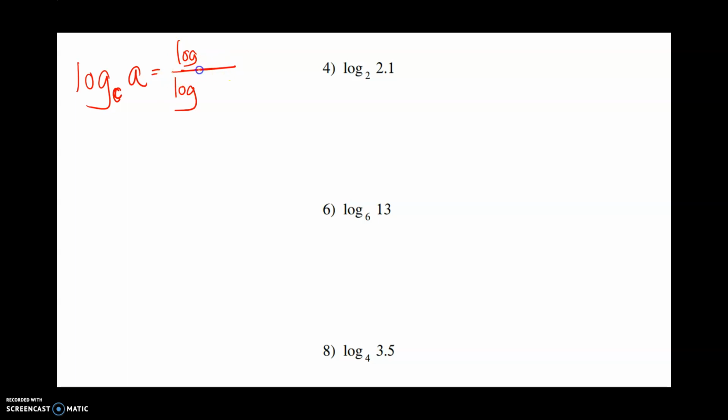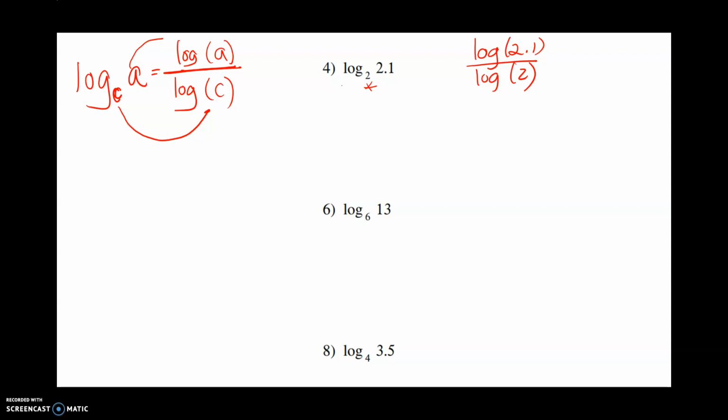So I use this ratio where the a comes up here, and whatever the base of the original is comes down here. I can solve this two ways: put this in my calculator, and also say log of 2.1 over log of 2. So we're going to do this two ways and see that we get the same answer.